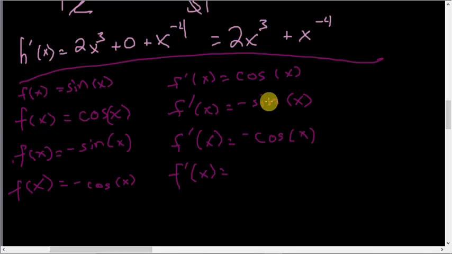Well, it's negative sine of x. And then we multiply by that negative in there, just like we did here, we multiply, we're not adding it. So it becomes sine of x. Right? And we're back to square one. What's the derivative of this? Cosine of x. What's the derivative of that? Negative sine of x. So on. And we come back to square one. I think that's pretty cool.